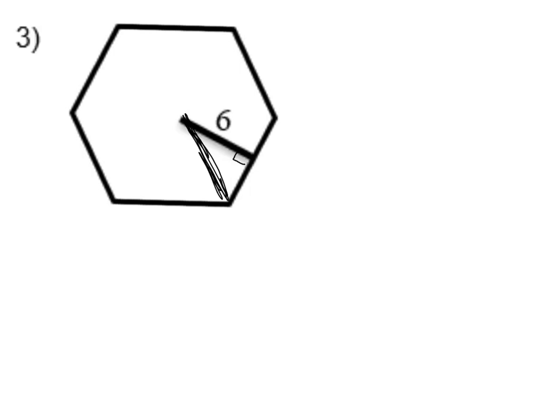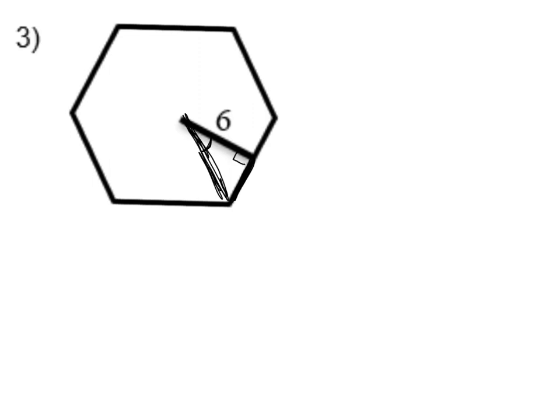Now, just knowing I have a right triangle isn't really going to do anything for me. But if I could figure out what this angle is, then I can use SOHCAHTOA, or in some instances, special right triangles, to figure out the side length that I'm looking for, which is this side length right here, right?